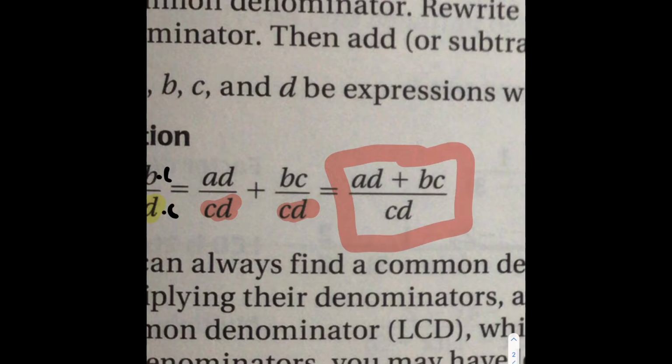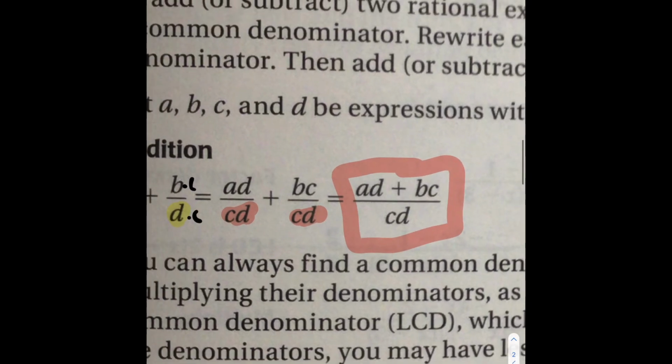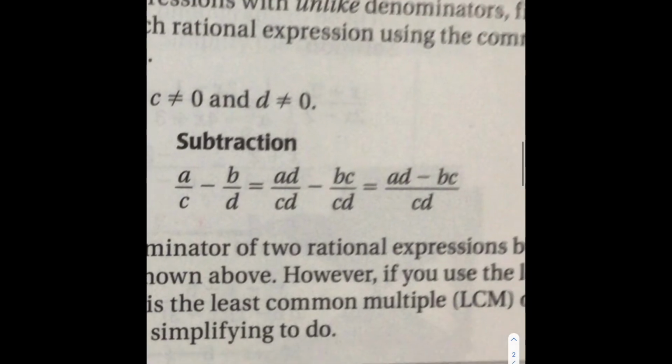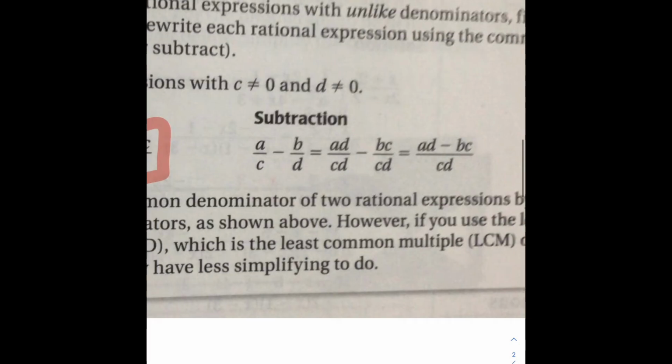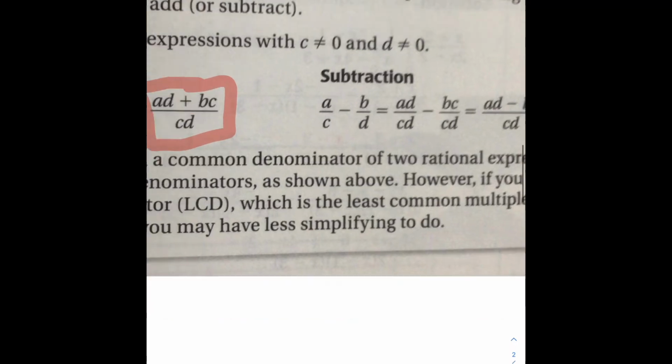So again, because we have the same thing, you can combine them and get your answer, adding your numerators, keeping your denominators the same. That's a strategy we're going to use quite a bit. So let's get into it.